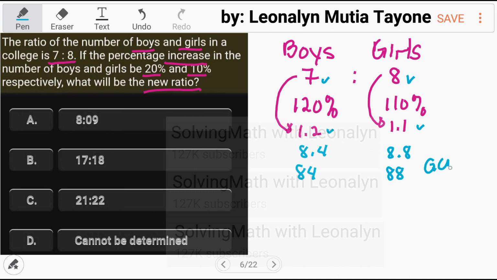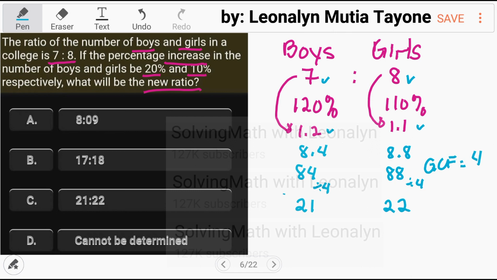Ngayon hanapan natin ang greatest common factor para ma-list natin yan siya. At ang greatest common factor niyan ay 4. Now, 84 divided by 4, and that is equals to 21. 88 divided by 4, and that is equals to 22.